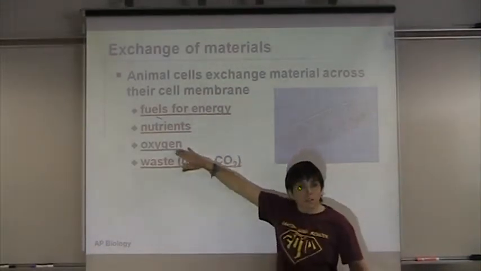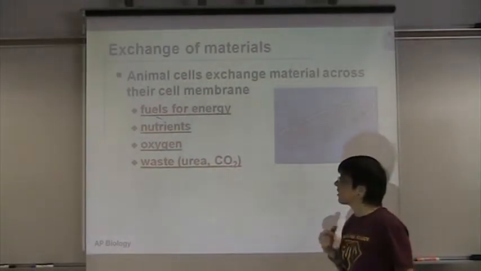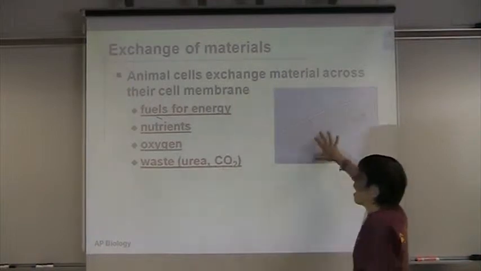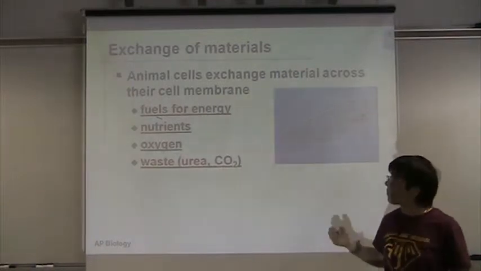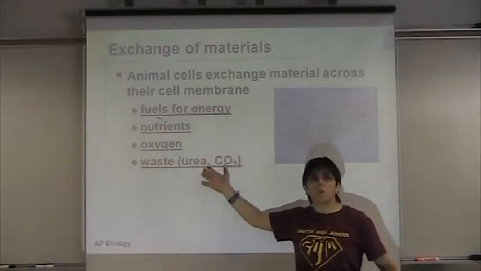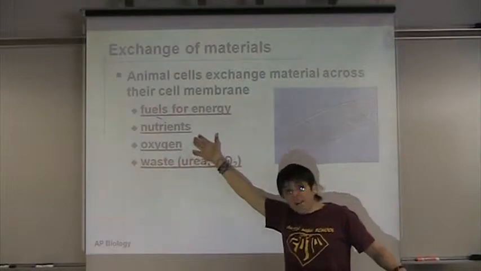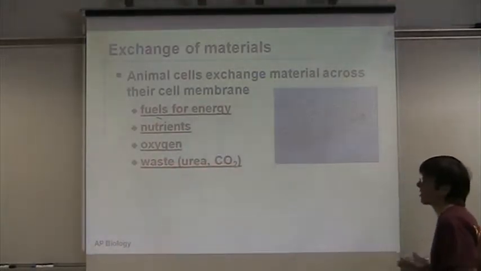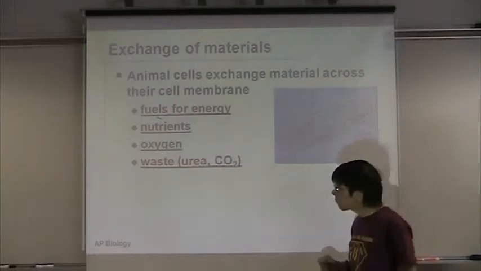Of course, they need oxygen. If you're doing cellular respiration, aerobic cellular respiration, you're going to need oxygen. And then, of course, if your cells are alive and functioning properly, they are going to generate some waste products. From aerobic cellular respiration, you're going to generate CO2 that needs to be eliminated and removed from your body.